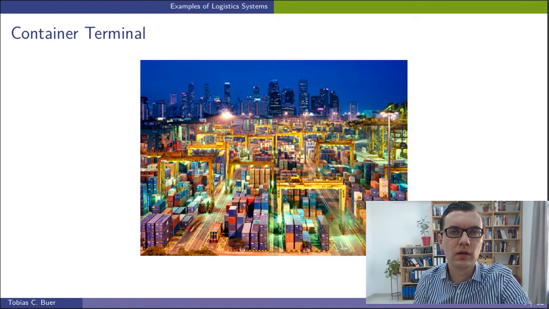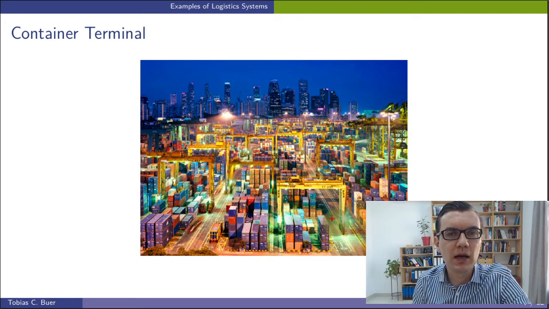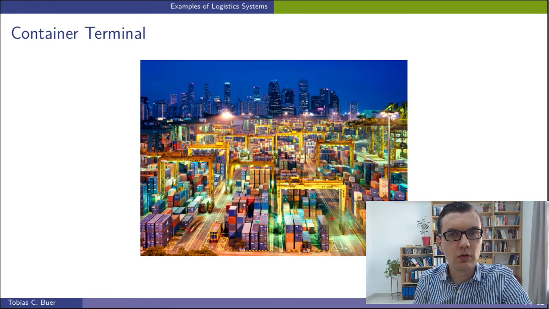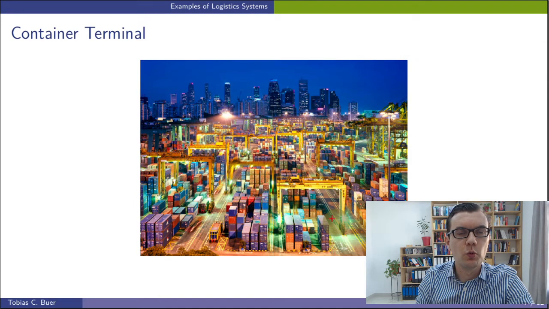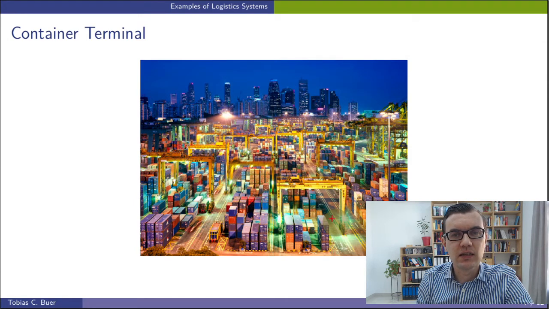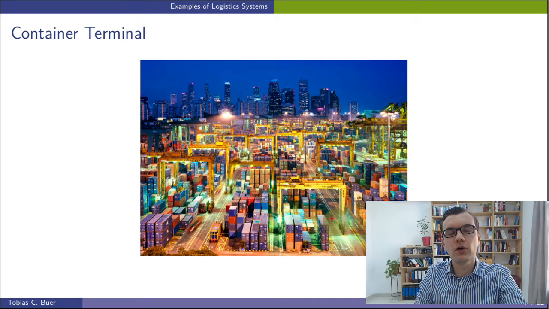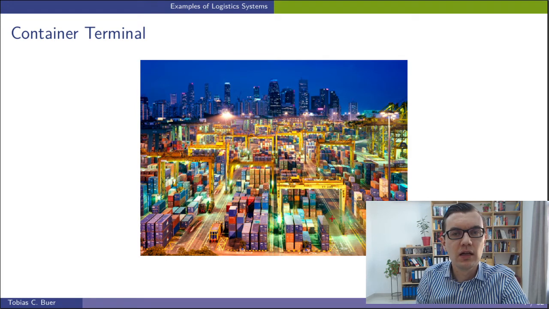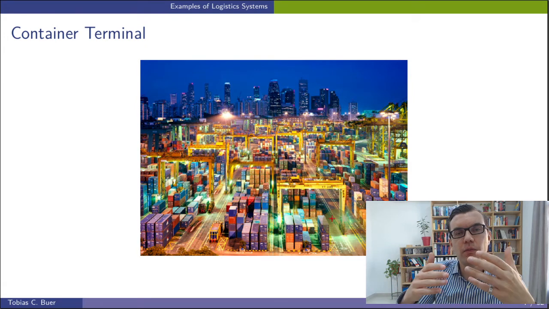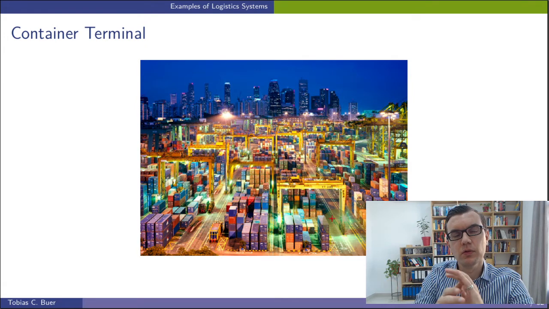Of course, you need to pre-plan these operations so that you have a good idea where the container is. And one key performance indicator is usually the number of moves by the crane you need to make in order to load the container onto the truck.